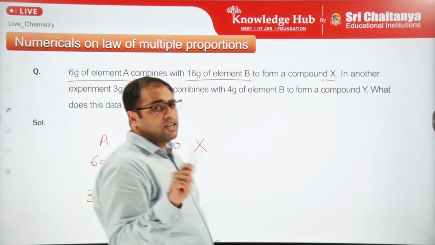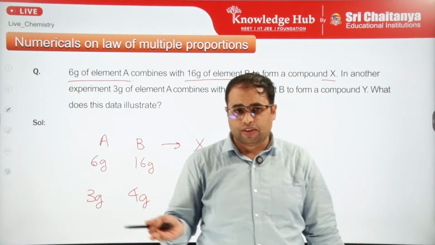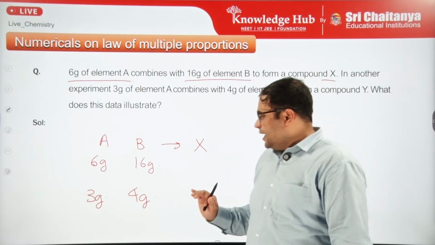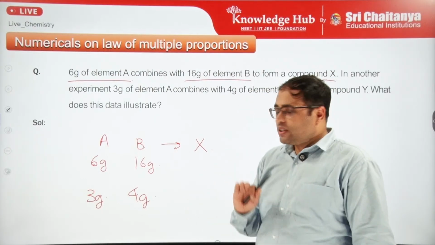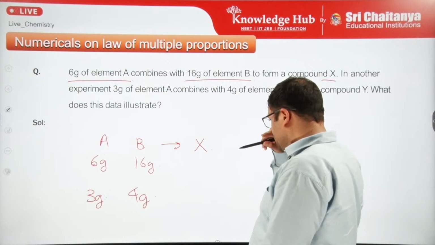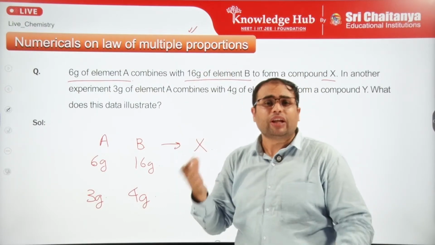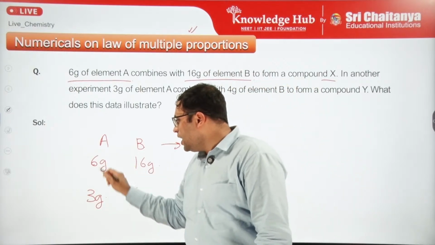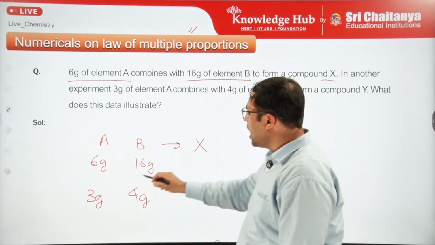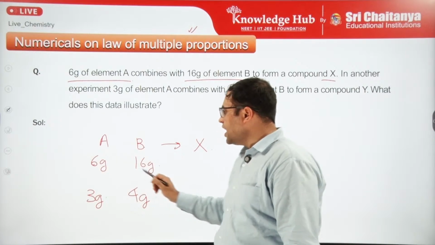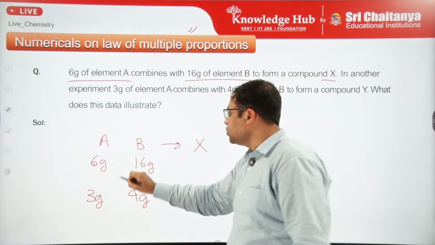So this data illustrates what? Which law does it illustrate? See, first find the ratio of these. So we are learning about multiple proportions. So we know that first we have to make this gram the same. To make this gram the same, divide both sides by 3 in this ratio.